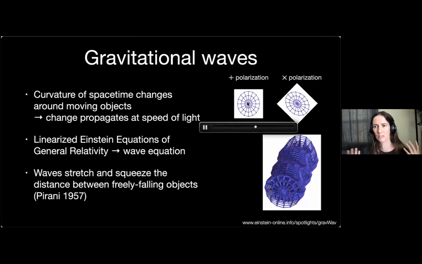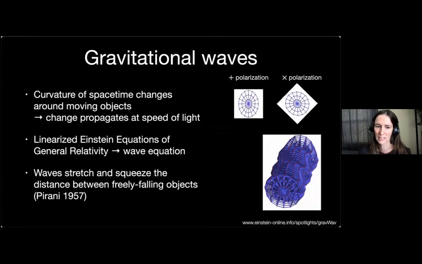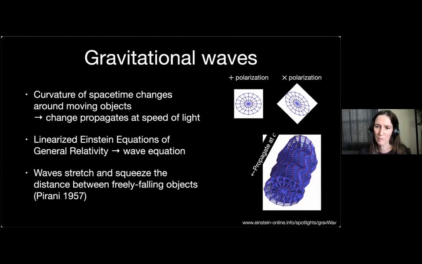Just like Maxwell's equations give you a wave equation that gives you the two polarizations of light, the equations of general relativity linearized give you a wave equation that gives you two polarizations of gravitational radiation, the effect of which is to stretch and squeeze the distance between freely falling objects.